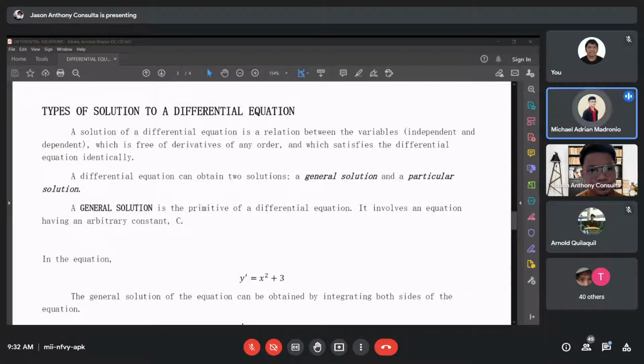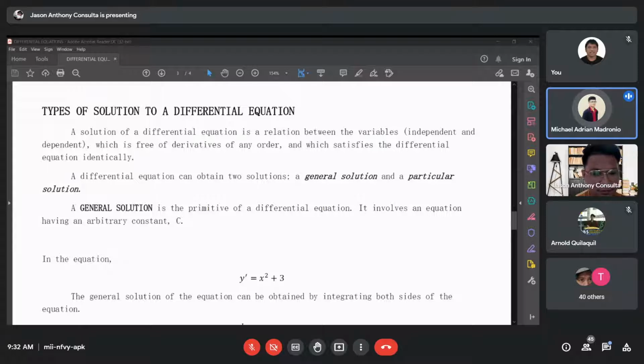So dy is equal to the quantity of x squared plus 3 dx. Then pwede na po siyang i-integrate. Ilagay po yung integral sign. So, the integral of dy is equal to the integral of quantity x squared plus 3 dx.